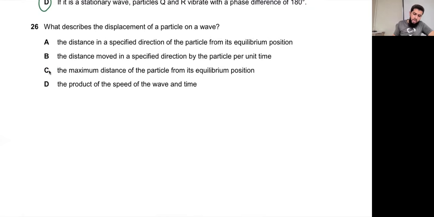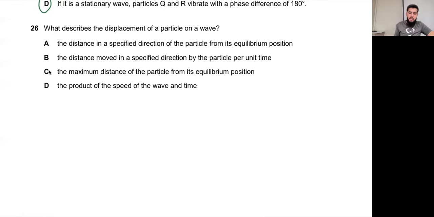Question 26 says, what describes the displacement of a particle on a wave? The distance in a specified direction of the particle from its equilibrium position. That looks correct. Let's go through the other options. Maybe that's a slightly better option. The distance moved in a specific direction by the particle per unit time. So distance per unit time is speed.